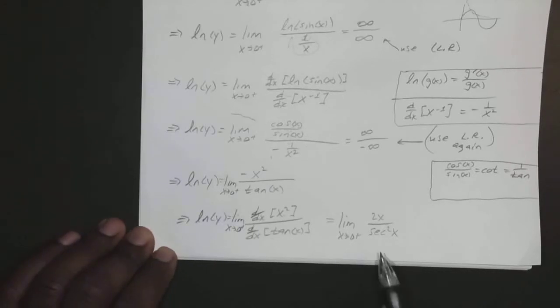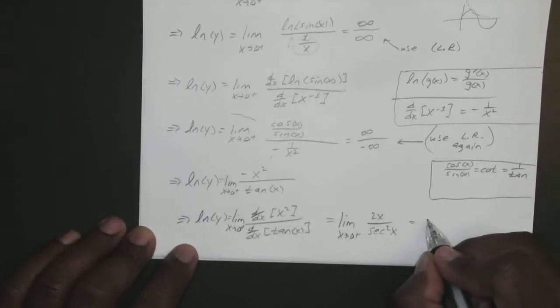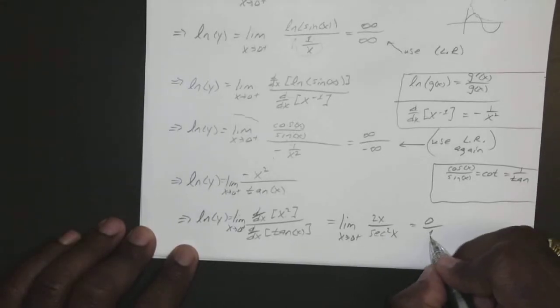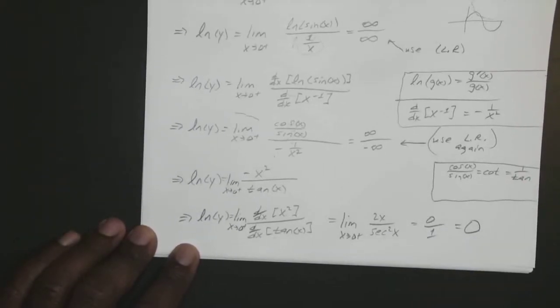Okay. Which gives us, if we plug in 0, we get 0. We plug in 0 to the secant squared, we get 1. So it's equal to 0, which is not our answer.